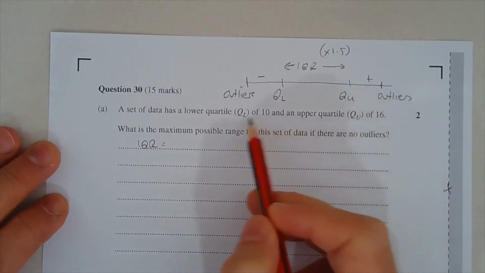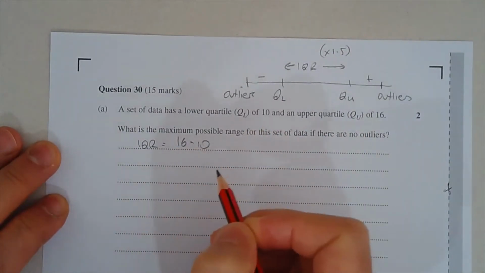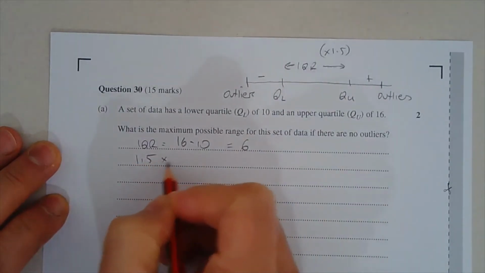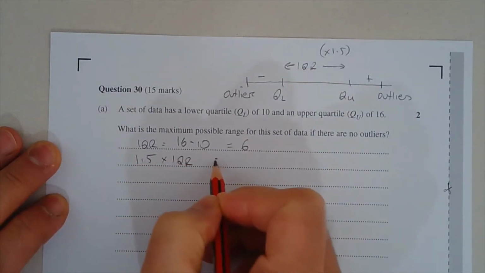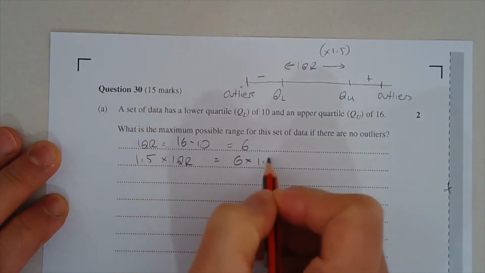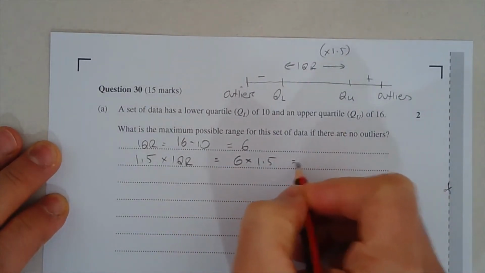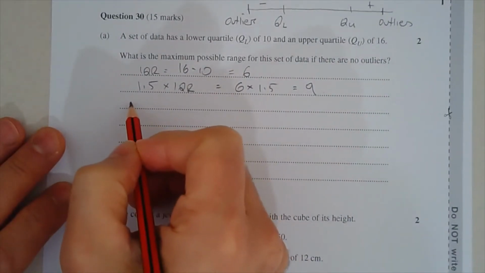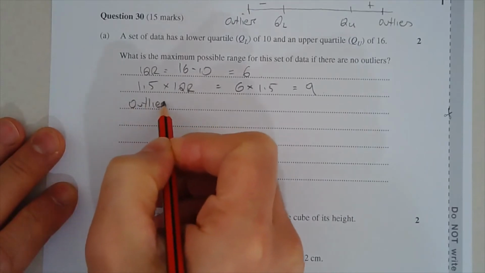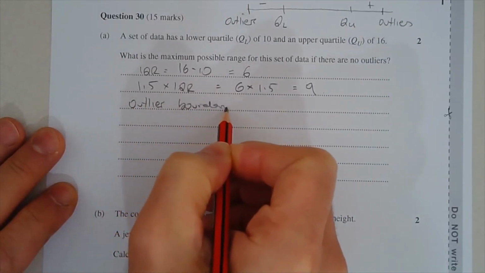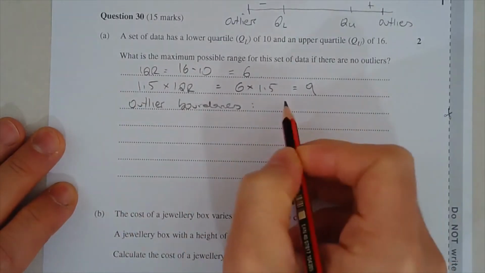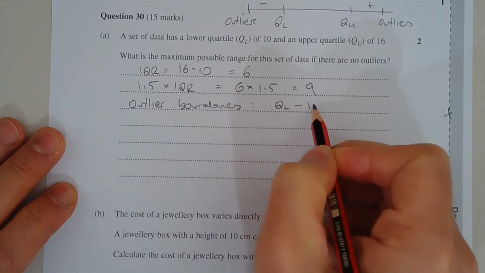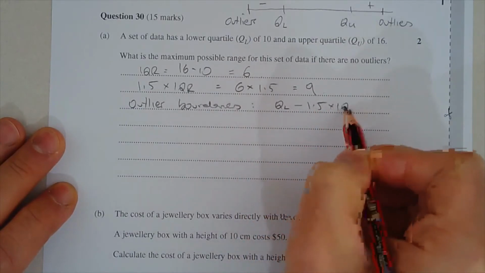Okay, and that's QU minus QL, so it's going to be 16 minus 10, which equals 6. Now let's work out 1.5 multiplied by the interquartile range, and that's equal to 6 multiplied by 1.5, which is equal to 9. Now the outlier boundary, let's work out the lower one. That's going to be QL minus 1.5 multiplied by the interquartile range.